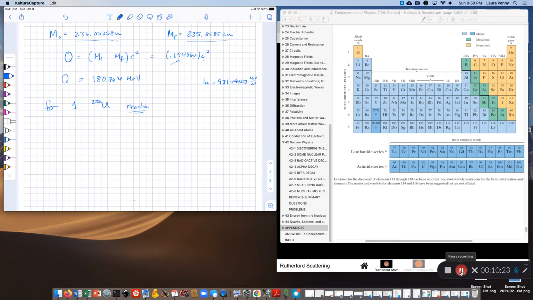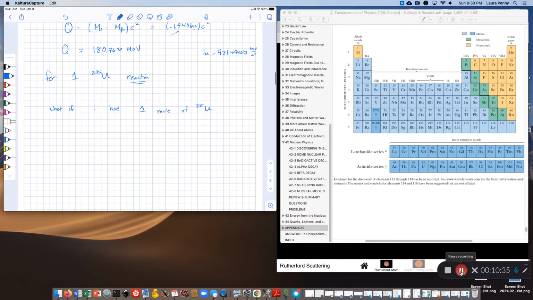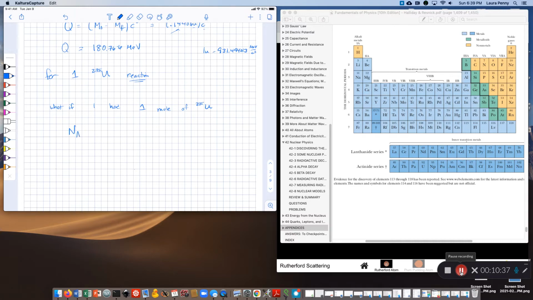If I had a whole mole of 235, then for a whole mole, I would basically say Avogadro's number times 180.766 MeV. Now, Avogadro's number, for those of you who are not chemistry majors, is 6.022 times 10 to the 23. So this is the energy that's coming out of a mole.